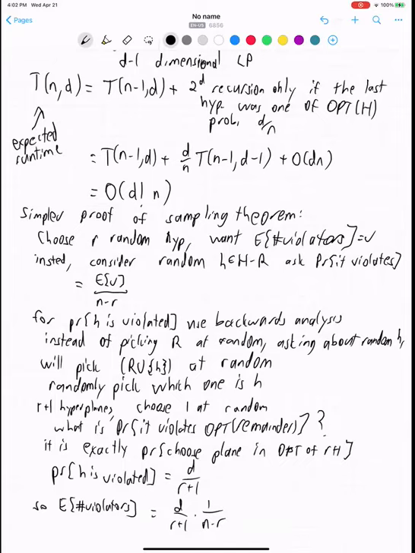Or sorry, no, I just did my algebra wrong. So this is the probability that it violates. Sorry, I'm rushing too much now. Why don't I not keep you any later? So I'll fill this in for anybody who wants to stay, but I'll also redo it on Monday or on Friday for those who want to leave.